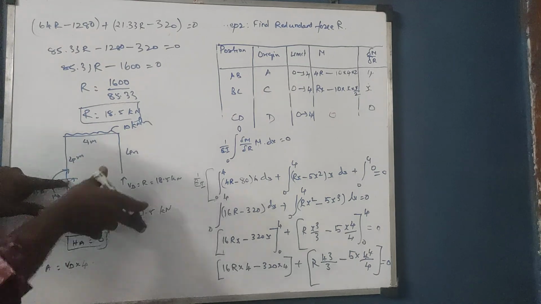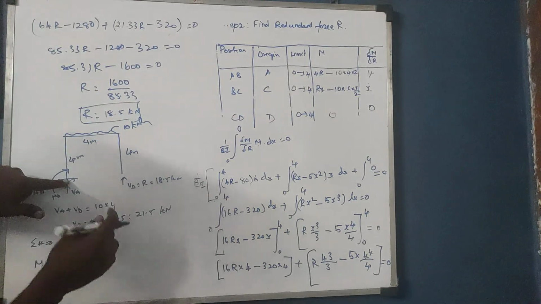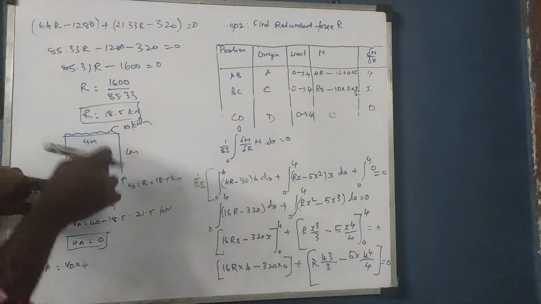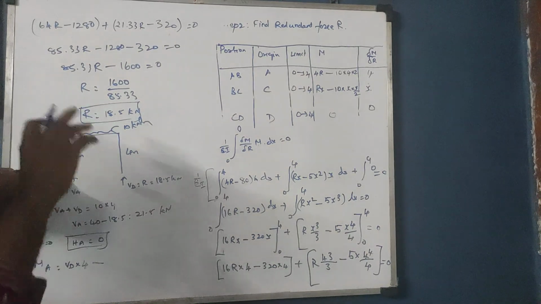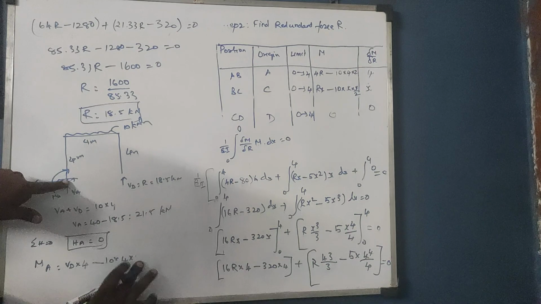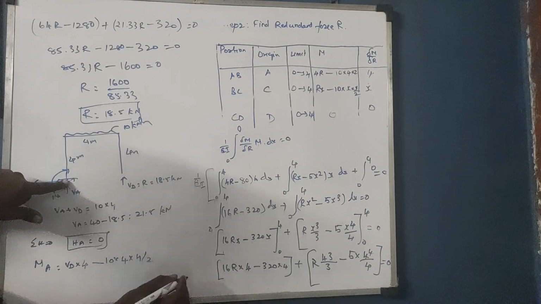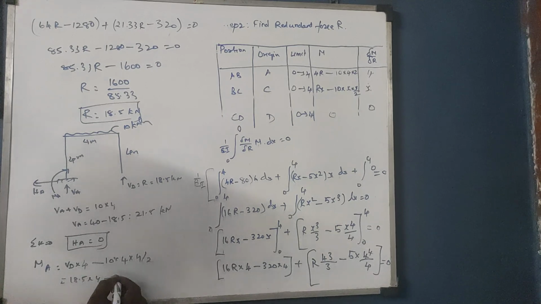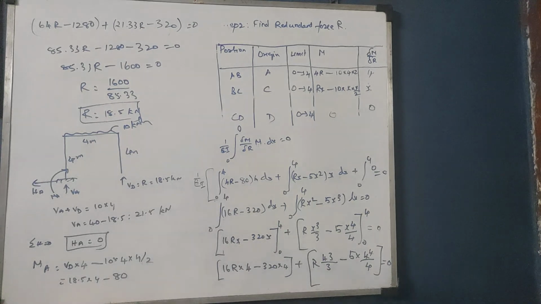Right side upward is positive, VD into 4, and right side downward is negative, 10 into 4 into 4 by 2, that is 80.